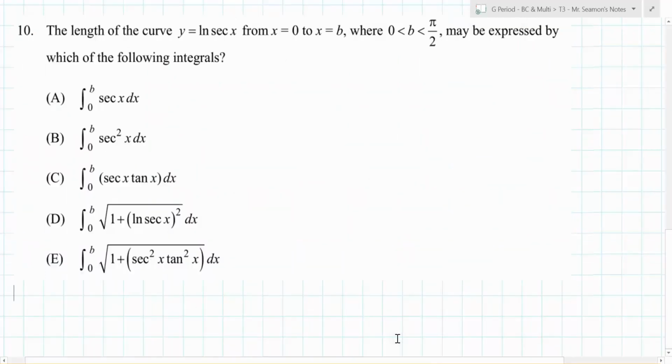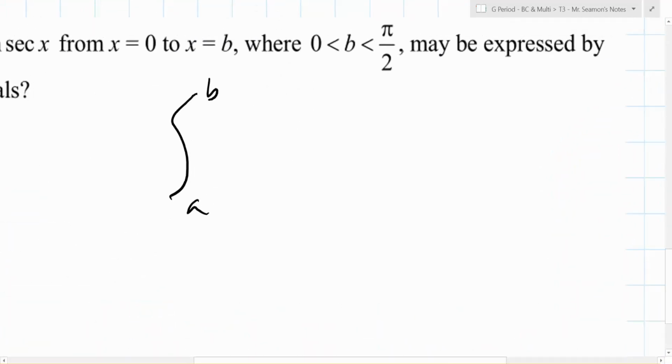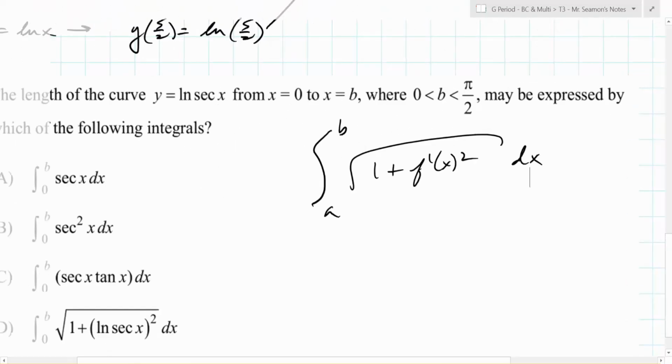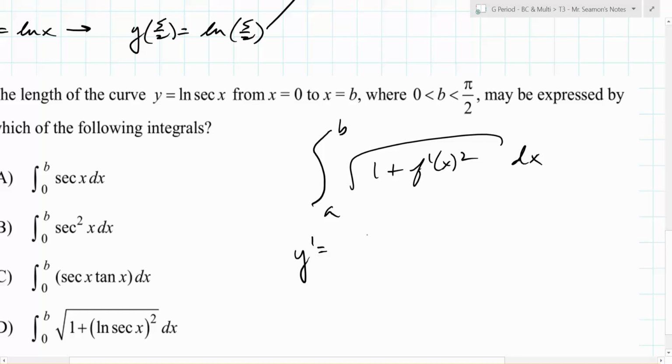Okay. You need to remember what the arc length formula is for y equals f of x, right? And that is a to b of what? 1 plus what? Yeah, 1 plus f prime of x squared dx. And in this case, you need to remember what y prime is. That's going to be 1 over secant x times the derivative of secant, which is what?